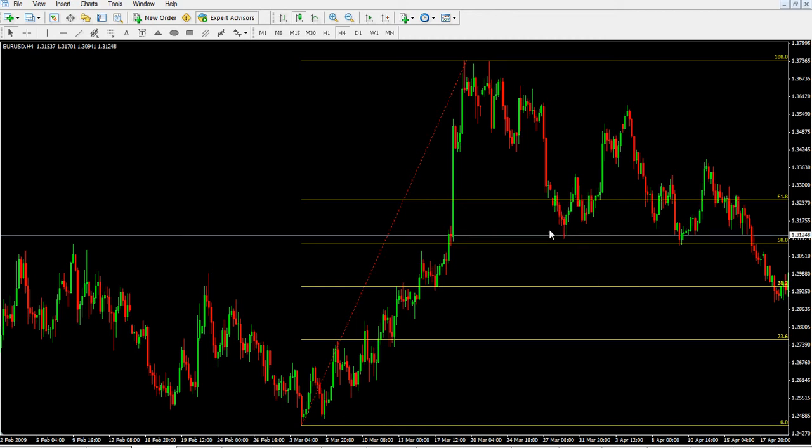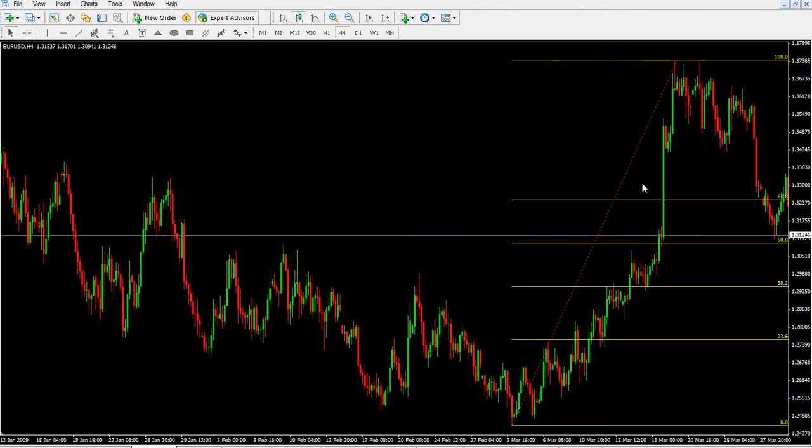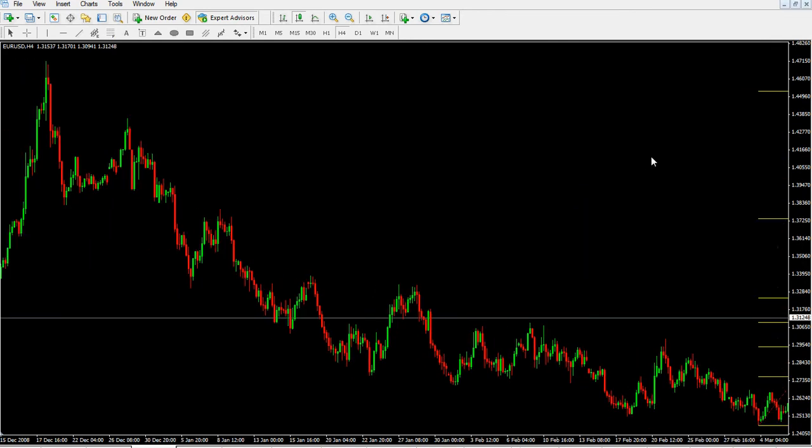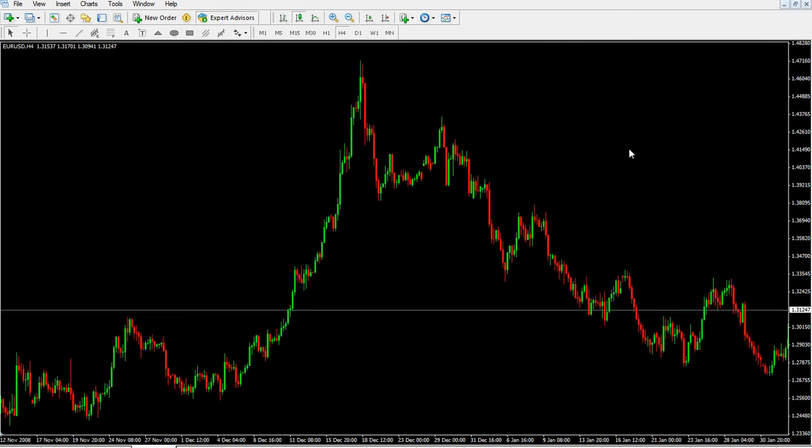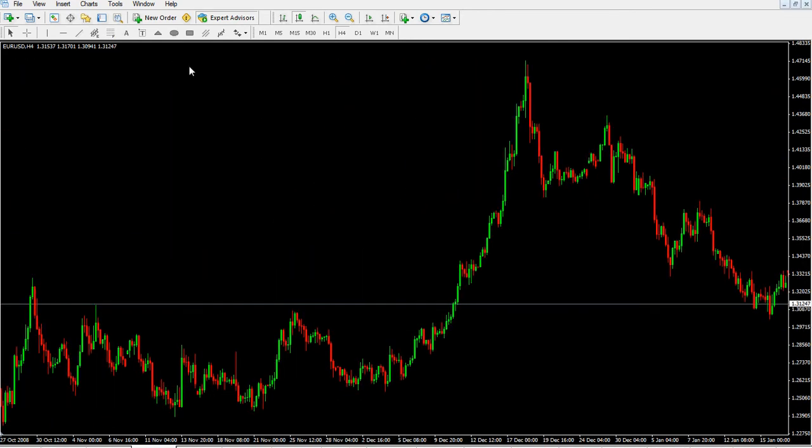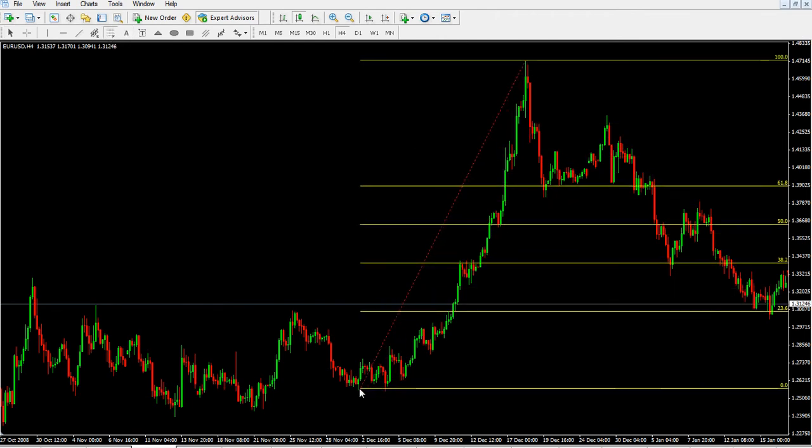So it is important to look also at the other factors in the market, which I'm usually talking about most of the time. So Fibonacci levels is something you can learn from if you are beginning with the markets, or you are interested in how it really works, or if you can really use it with your private real account.